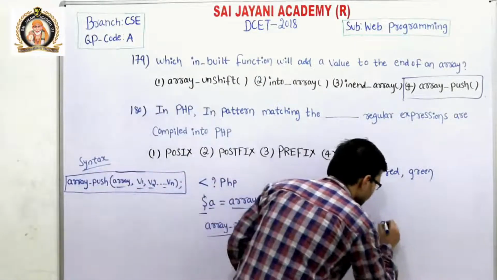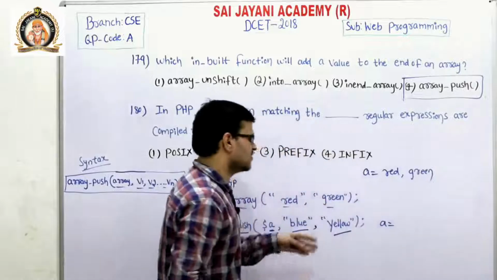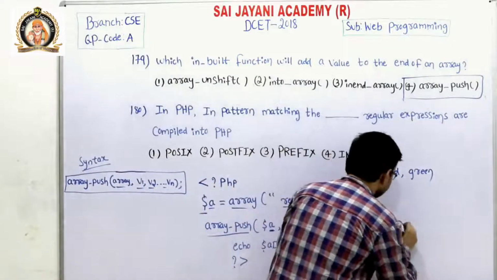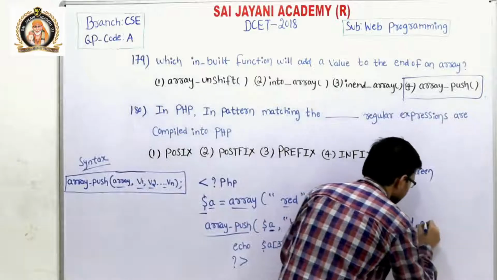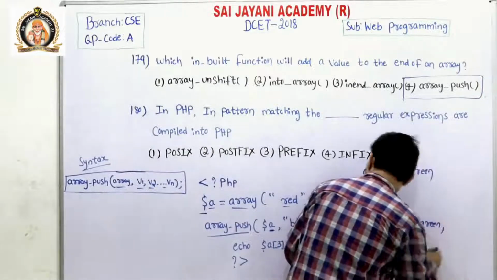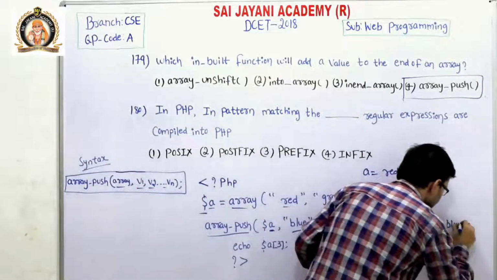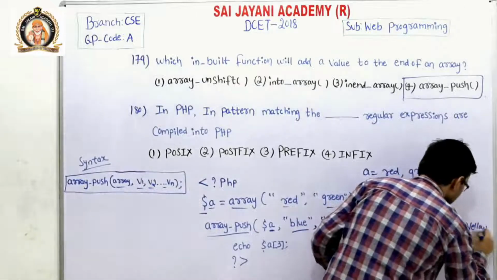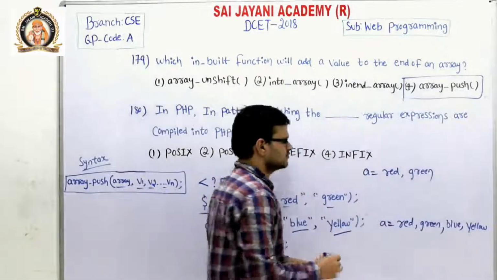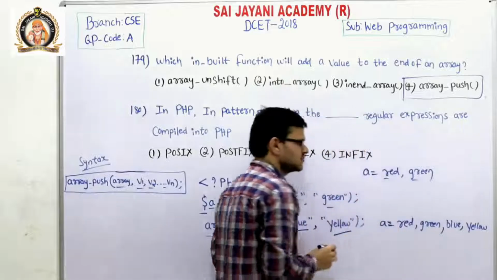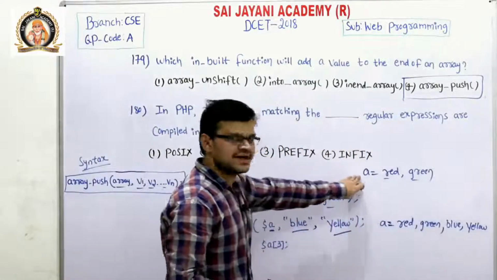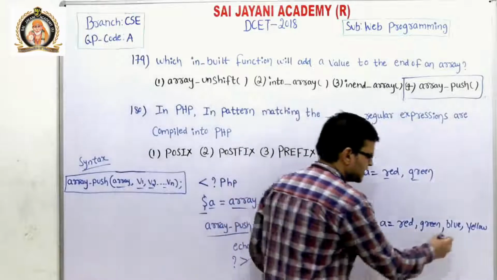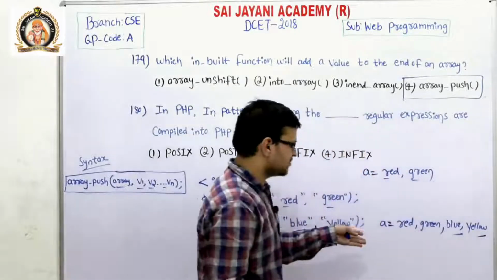So at the end of the a variable array we are getting red, green, then blue and yellow. Before, we had only red and green as the array elements of a. After using the array push function we have another two array elements added.